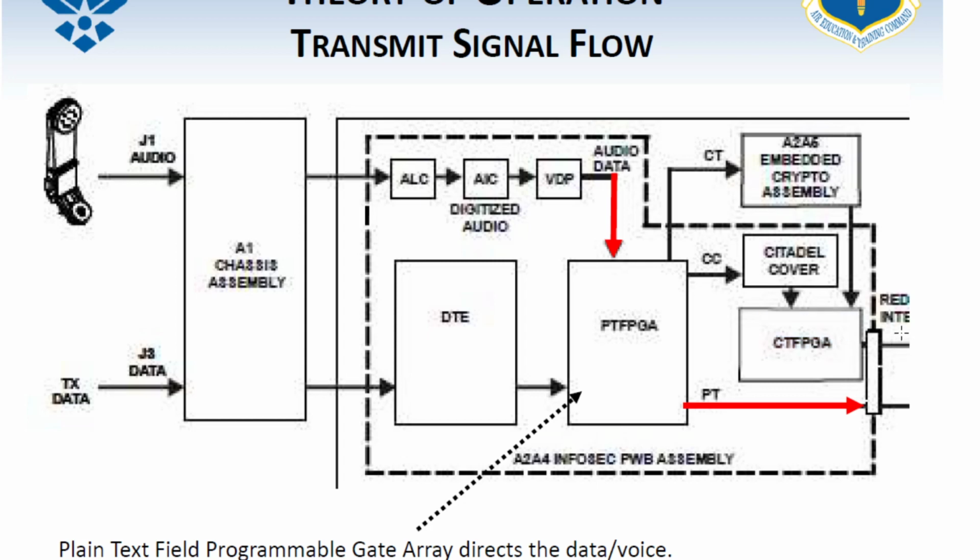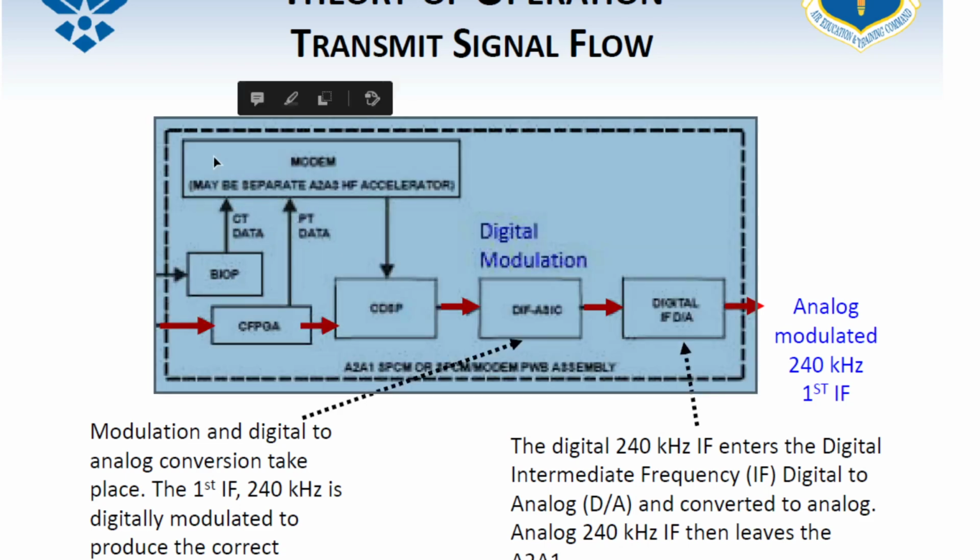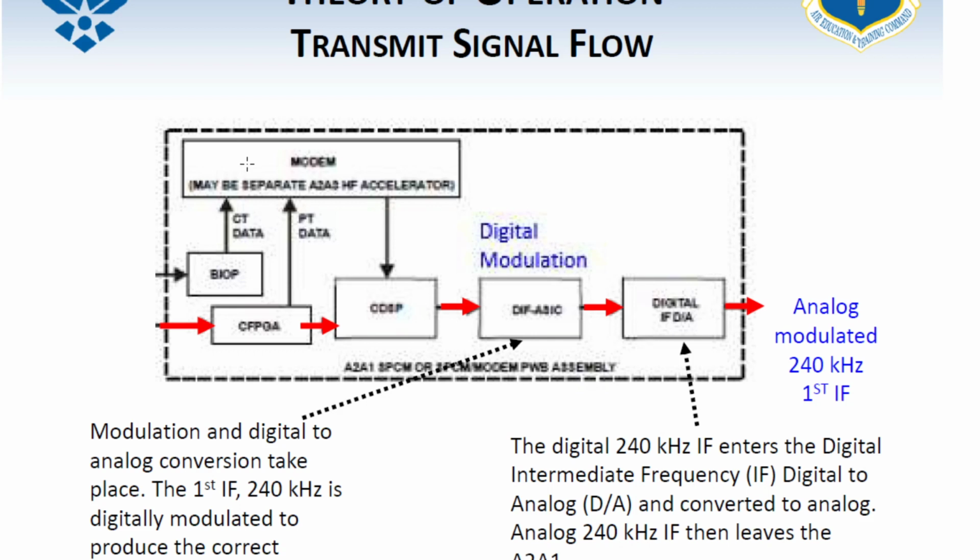And it's going to send it out and go through this thing, the BIOP, the black input output processor, which maintains system control status functions for the KDU and for the radio. And it also sends that information to the modem. So if it's encrypted, it has to go through the modem as well, regardless if it's data or audio. So that was a good question. Okay, yeah, so encrypted will always go to the modem. So if it's unencrypted and it's data, then it will go there too. But if it's audio, then it'll just go through. Correct. Very good.